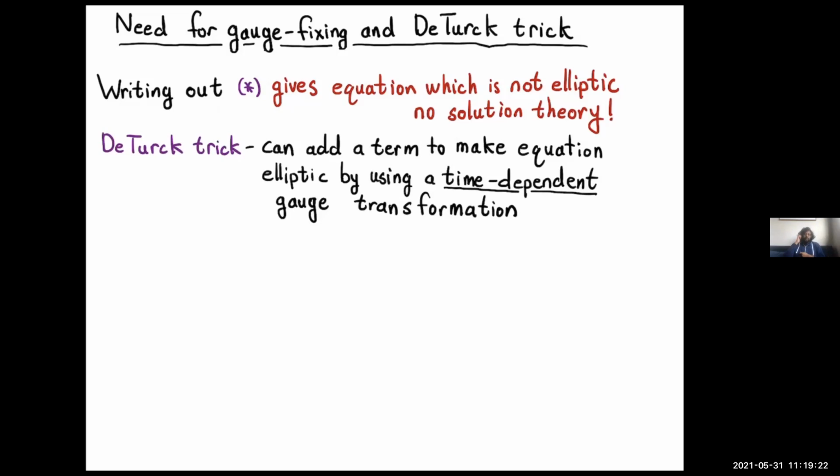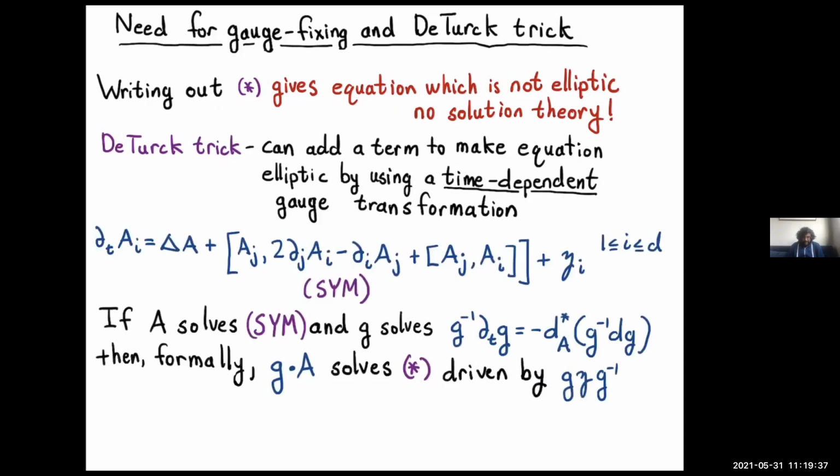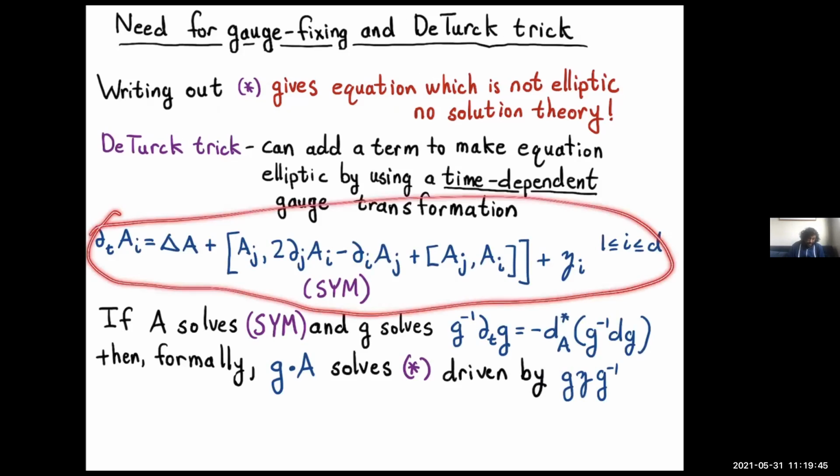Basically we're going to have our dynamic, but we're also going to have a rotating reference frame. The combination of these two will allow us to have an elliptic dynamic. Here I've written it in coordinates. I call this the SYM equation, or the stochastic Yang-Mills equation.